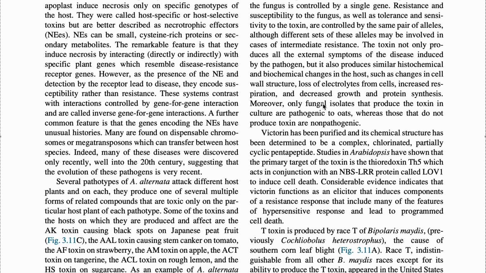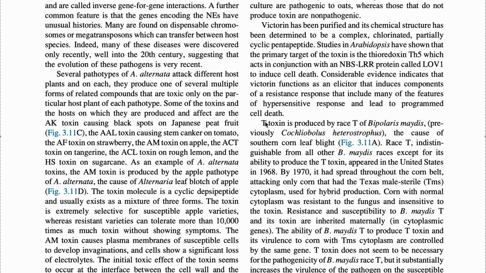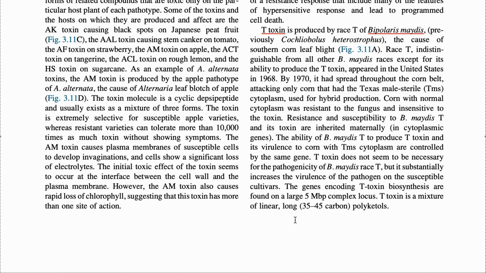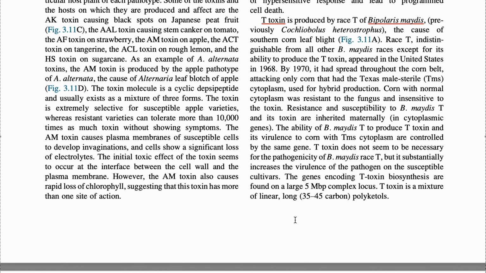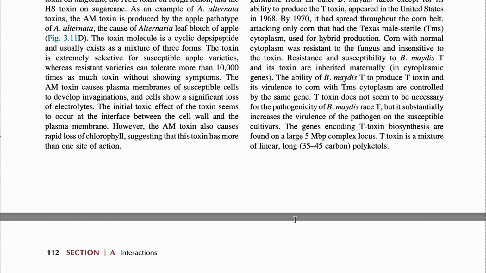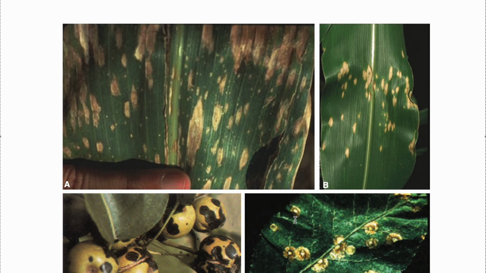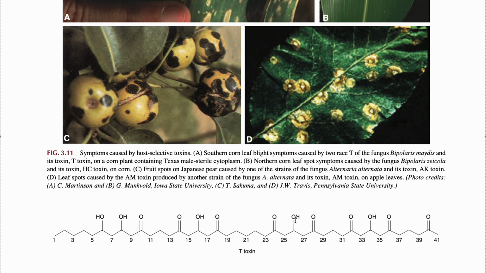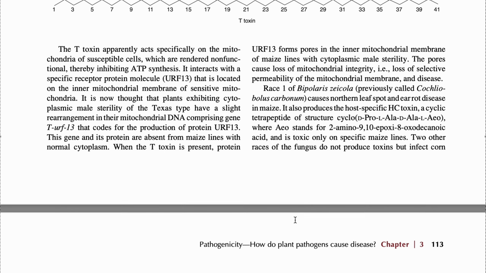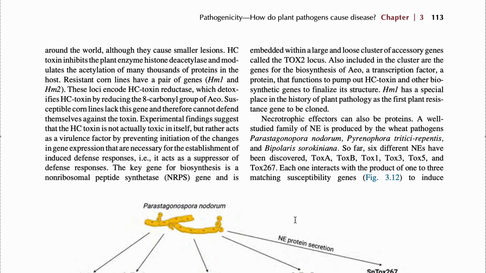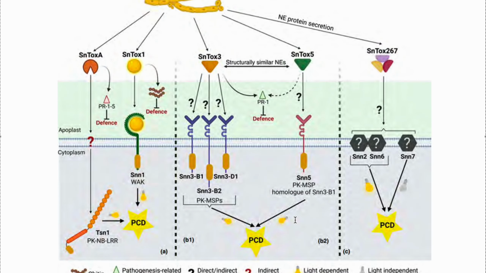One more example is T toxin, and it is produced by race T of Bipolaris maydis. Just remember this much. These toxins help the pathogen to kill the plant cells, and after the cell is dead, that necrotrophic pathogen feeds on the dead and decaying matter.